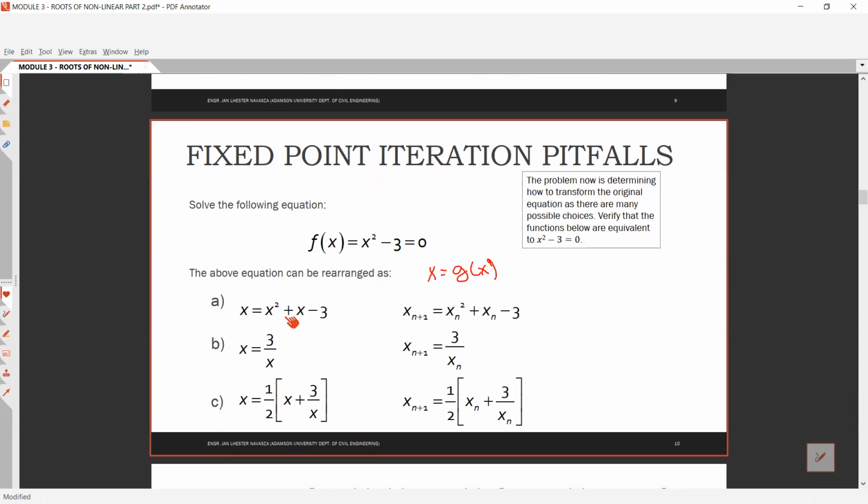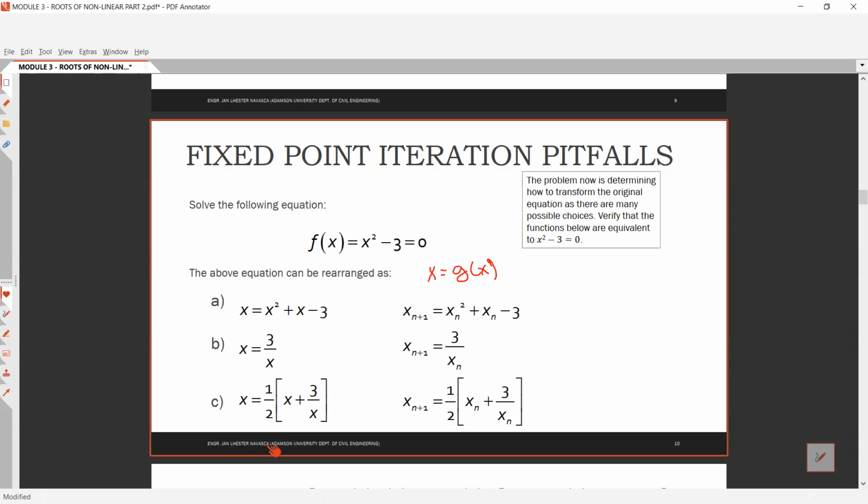Also, we have x equals 3 over x, because when you plug that in, x squared minus 3, it is the same as x squared minus 3. And also, we have x equals 1/2 of x plus 3 over x. When you simplify this, you will get the function x squared minus 3.